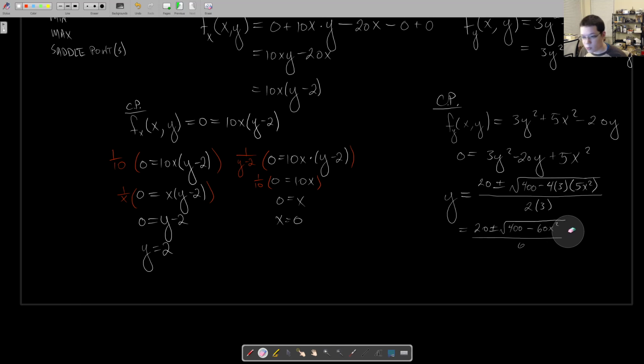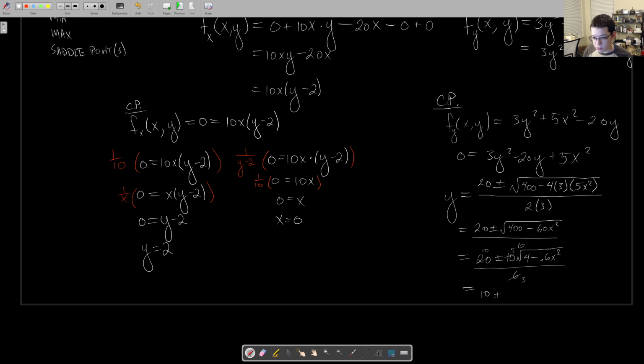I hope the numbers that they picked weren't important. I'll factor 100 out of this. So we'll have 10 times the square root of 4 minus 0.6x squared divided by 6. Just to help consolidate a little bit. Divide out of 2, we'll have 3, we'll have 10, we'll have 5.